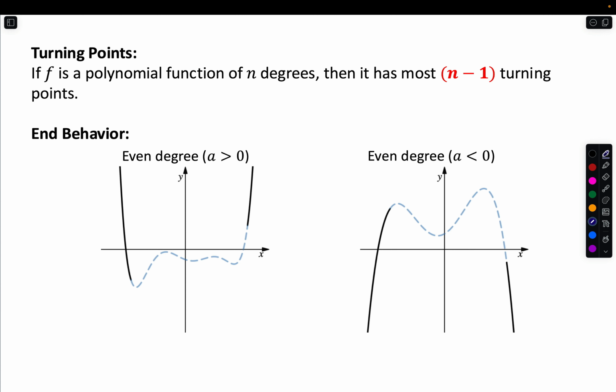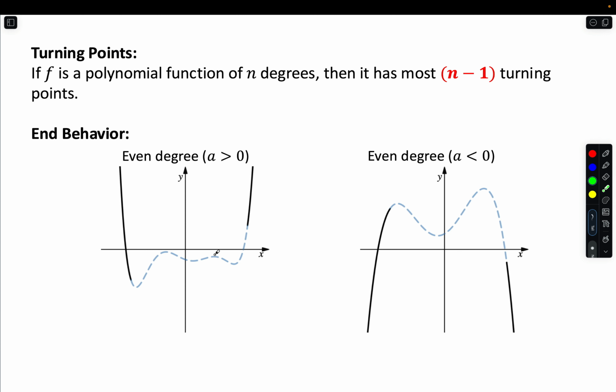Now, one thing to note is in a polynomial function, it will have at most n-1 turning points. So if it's an nth degree polynomial, like a 5th degree polynomial, it can have at most 4 turning points. It could have less than 4 turning points, but it will have at most n-1, or at most 1 turning point less than the degree.